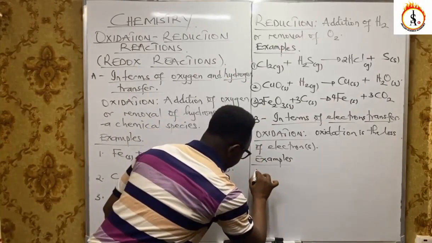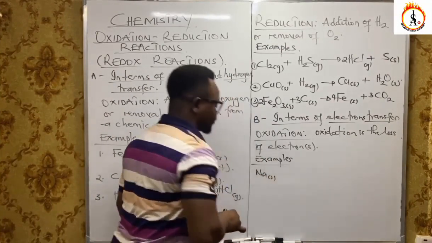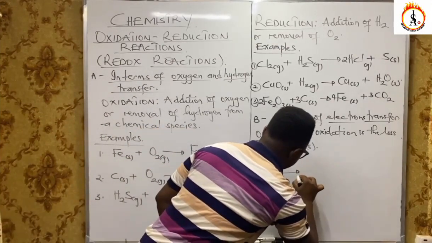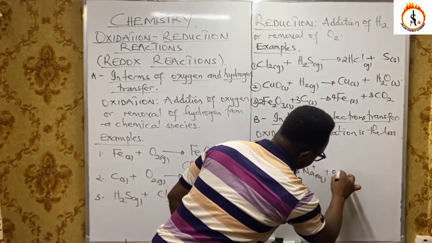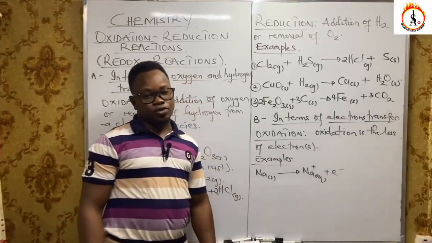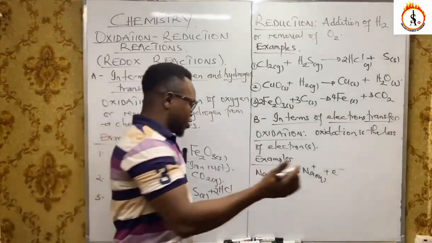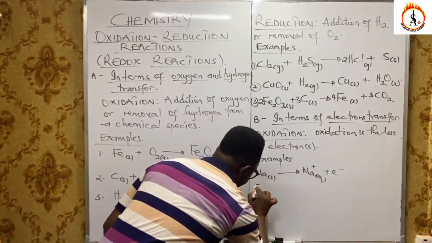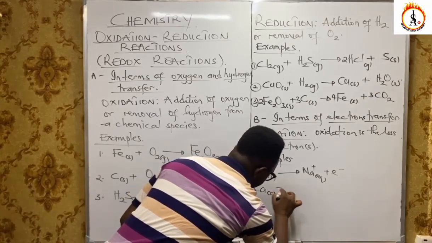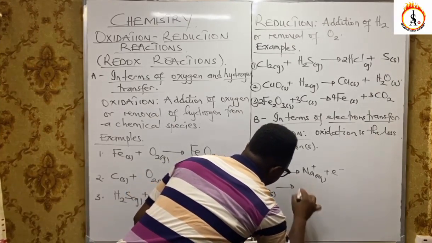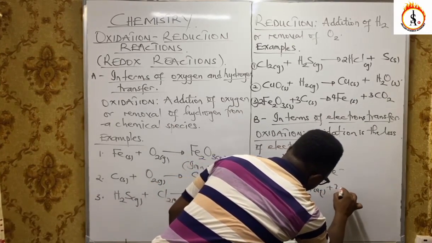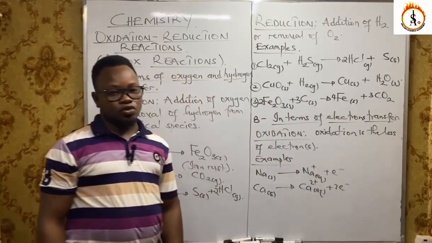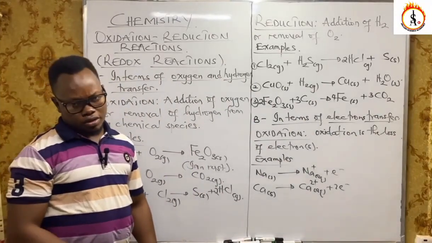You have sodium, metallic sodium, losing an electron to become Na plus, aqueous. So we say here this sodium has oxidized. Or let's say we have calcium, solid, losing 2 electrons to become Ca2 plus, aqueous. Then we say this is also an oxidation process.